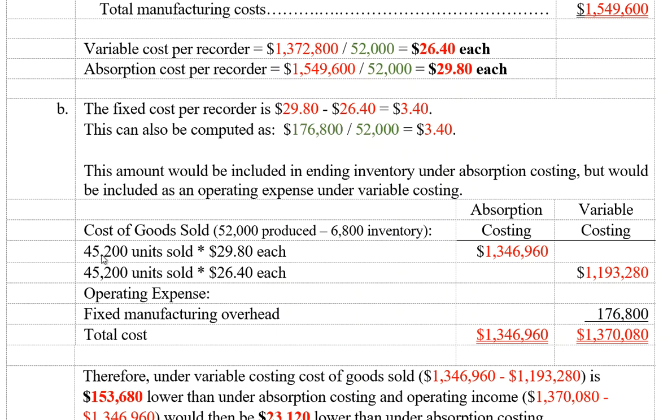So we actually have 45,200 units sold times that 29.80, which gives us an absorption costing cost of goods sold of 1,346,960.